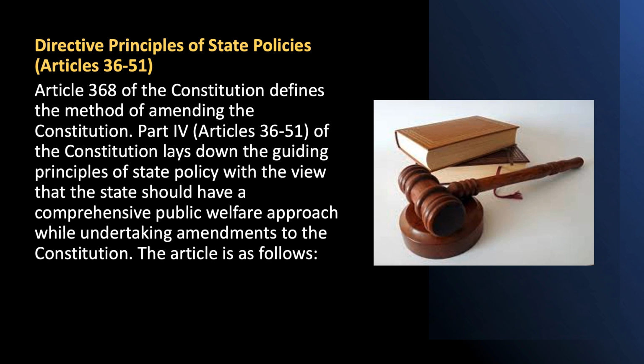And by using this article to amend the constitution, government can keep the constitution updated. And these articles comprised in Part 4 of the constitution can be taken into consideration by the government for making the laws.